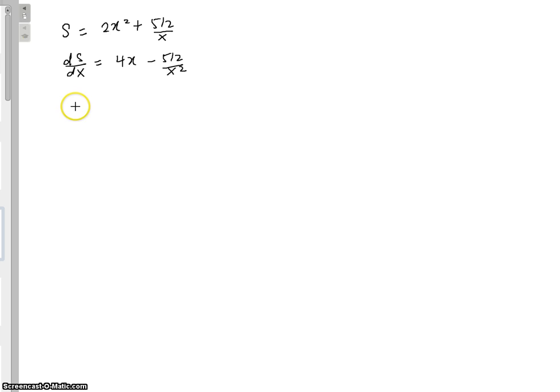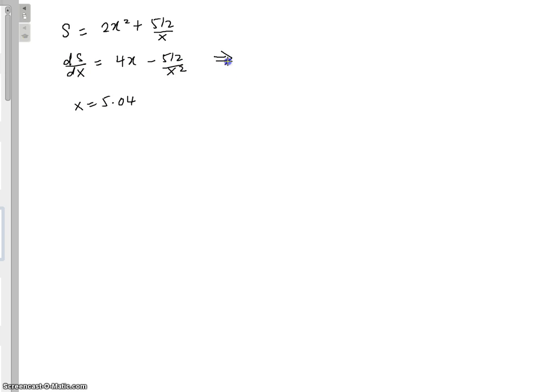We calculated that when x equals 5.04, we need to determine whether it actually contributes to the least amount of material, so we will perform the second derivative test.